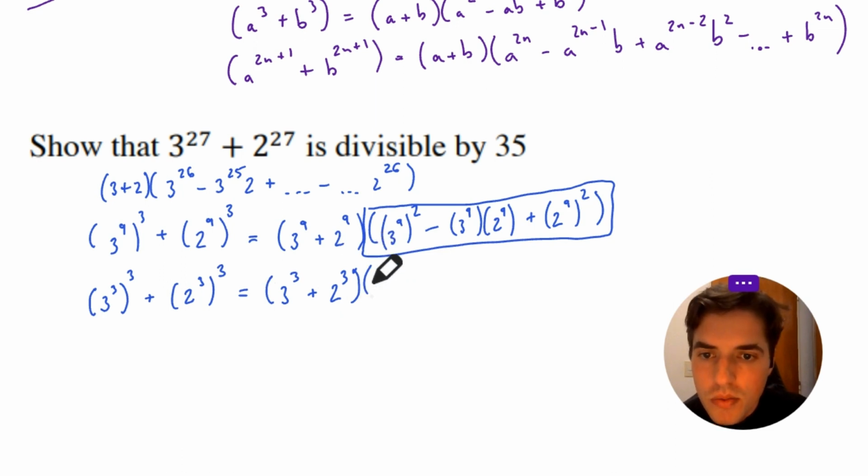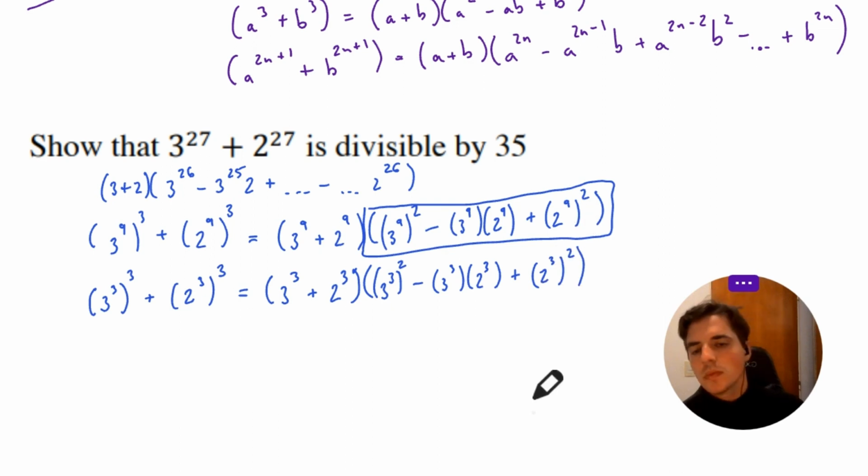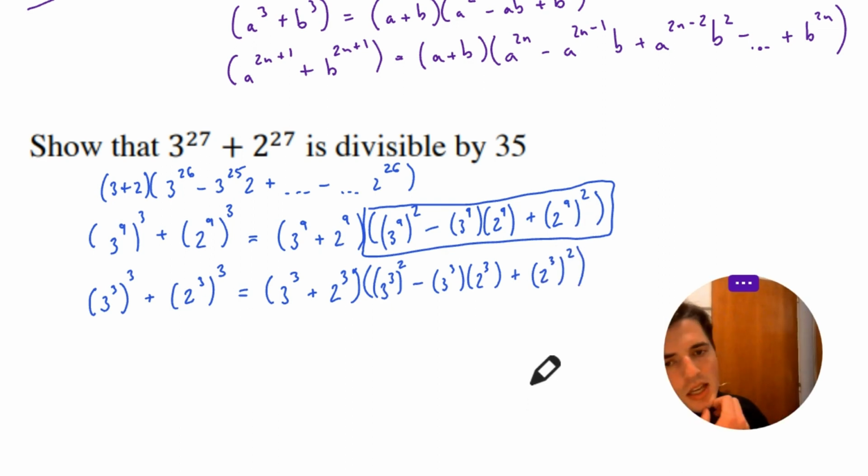But here, we can continue with 3 to the third squared, parentheses, minus 3 to the third times 2 to the third, plus 2 to the third squared. I think at this point we could start to check and see, okay, do we have our factor of 35?